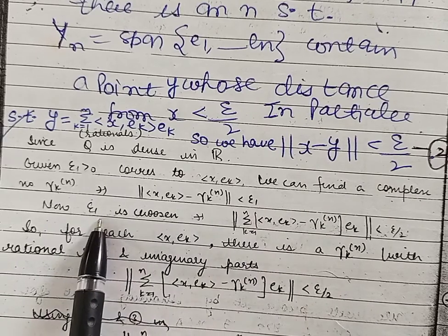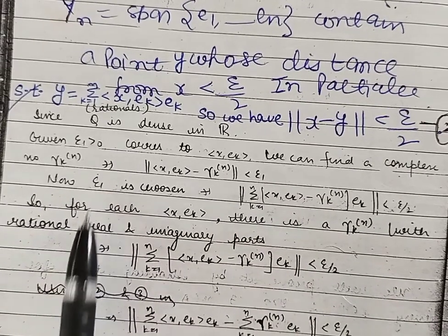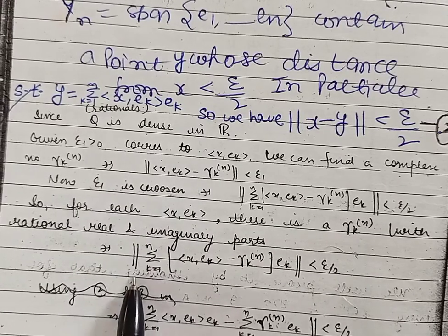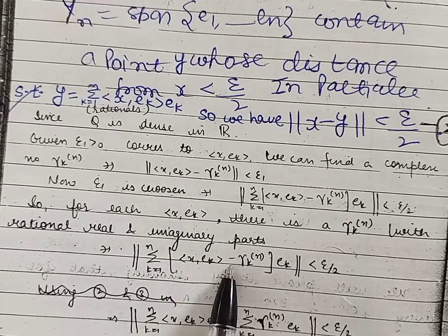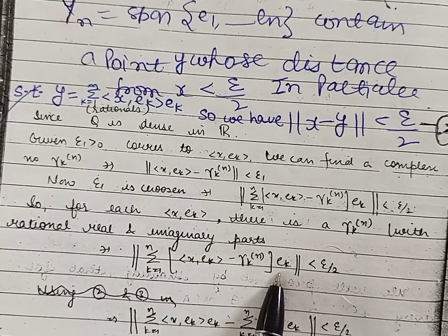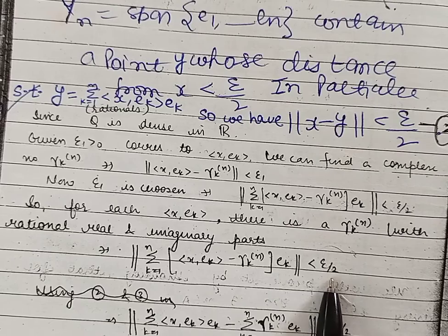Now we can choose epsilon_1 such that the norm of the summation of the inner product of x with e_k minus gamma_kn, times e_k, is less than epsilon by 2.